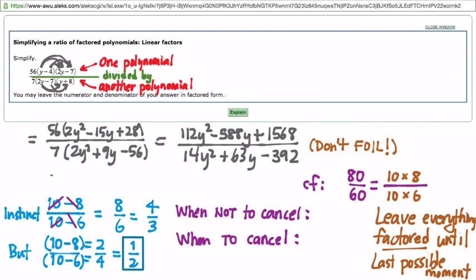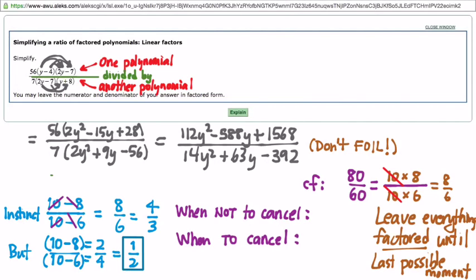So maybe I can identify that 10 is actually a common factor of these two integers. And what can I then do by virtue of having that common factor? I would divide both the numerator and denominator by 10, the result of which would be to cancel the 10s and get 8 over 6.